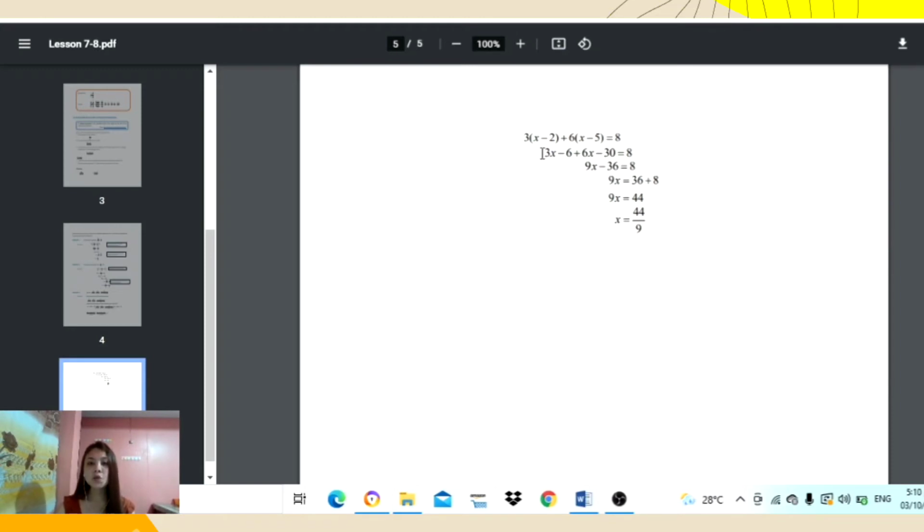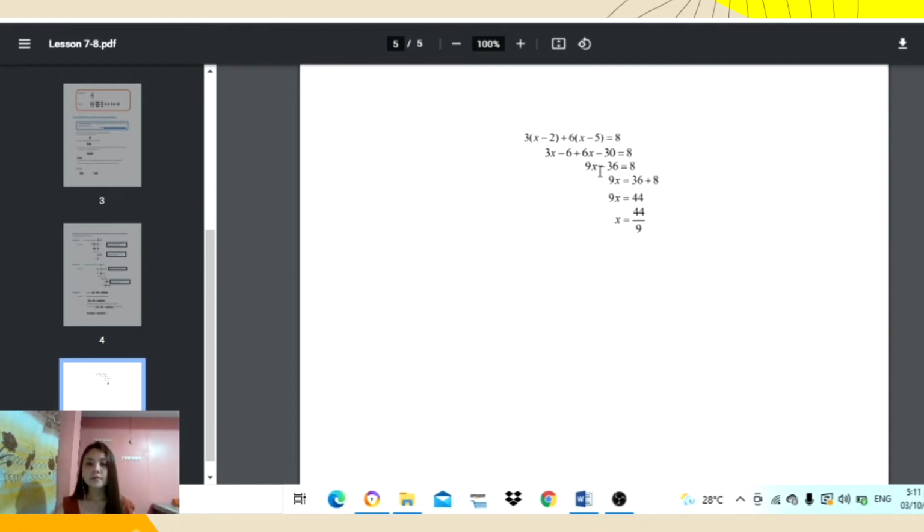Now we have to combine like terms, meaning we perform the operations on the terms that are the same. So 3x plus 6x, we have 9x. And then negative 6 plus negative 30, that's negative 36, which is just equal to 8.